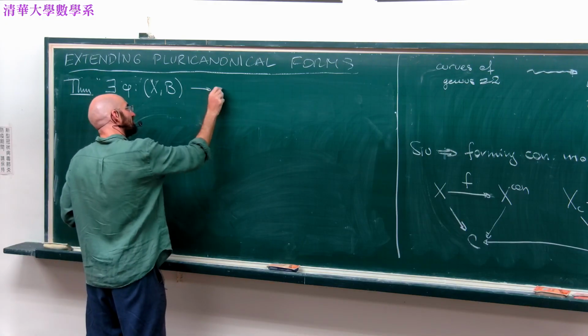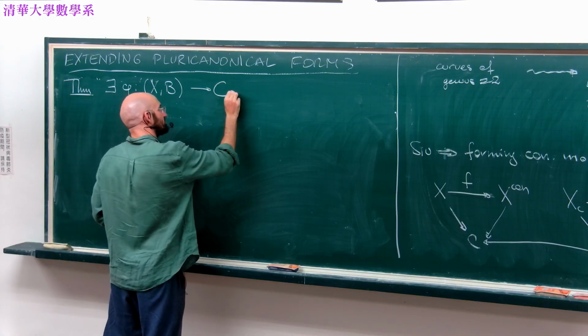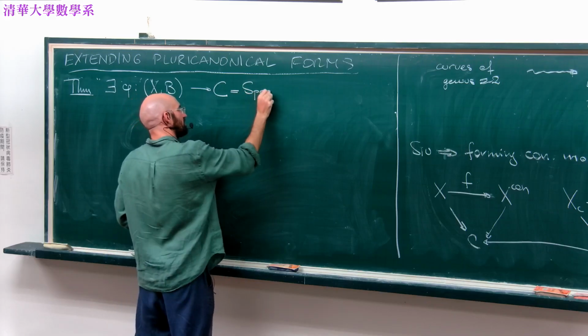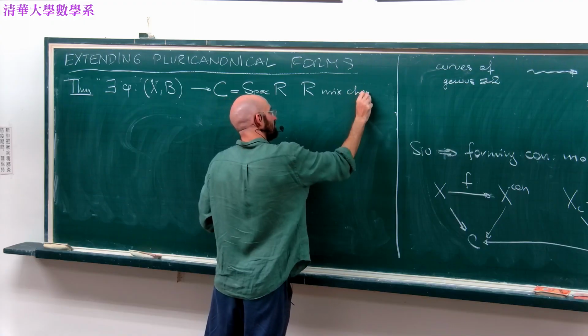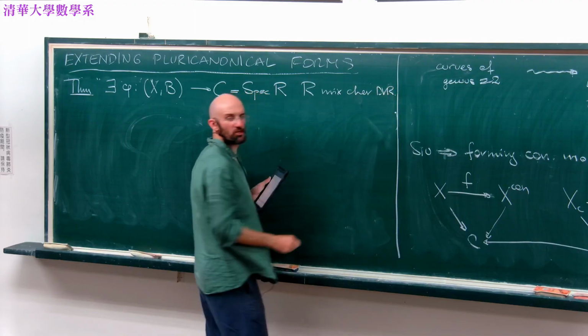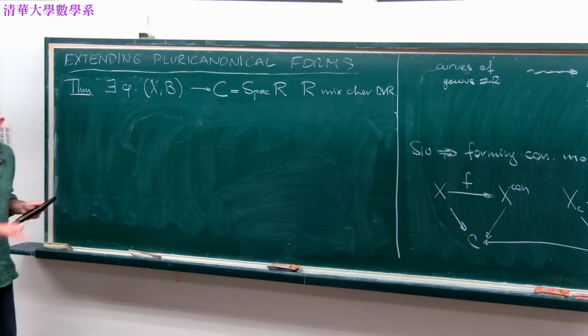So anyways, C here is just, let's say, Spec of R, where R is a mixed characteristic DVR. So think of p-adics, for example.